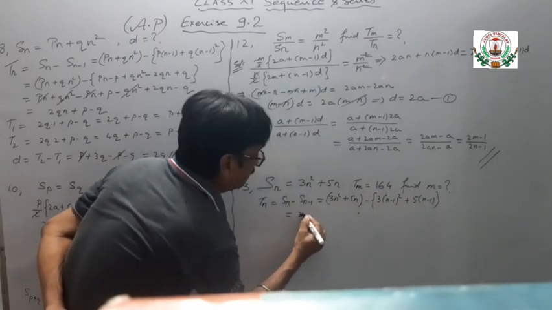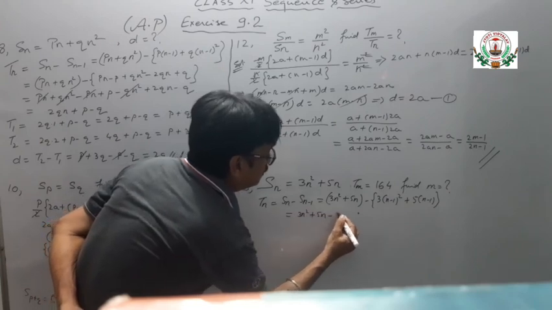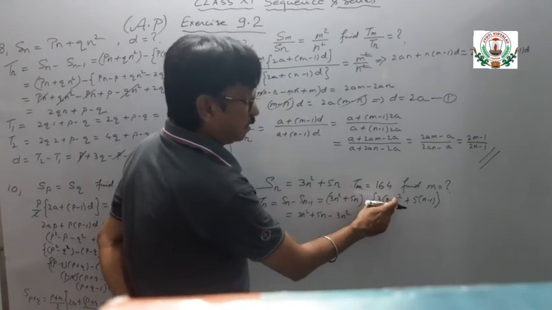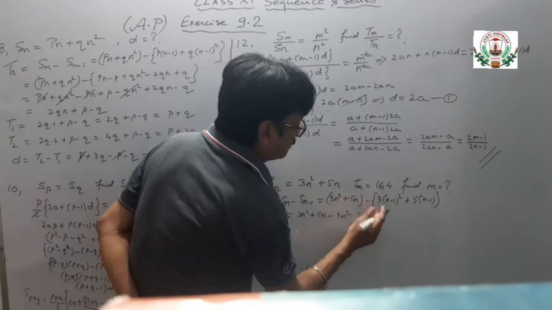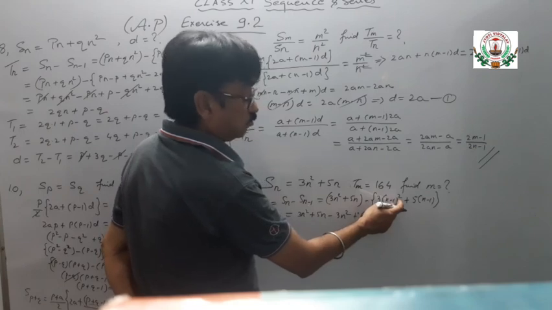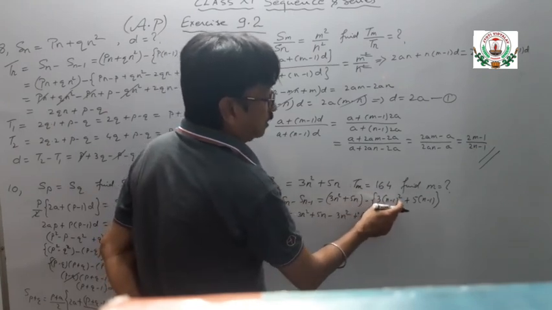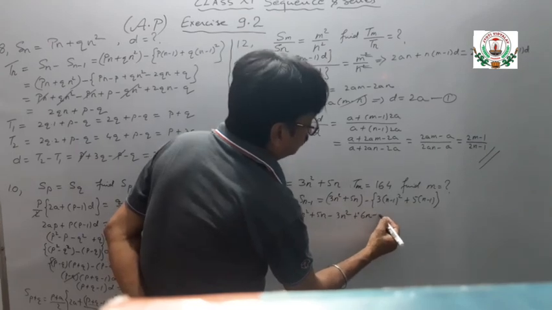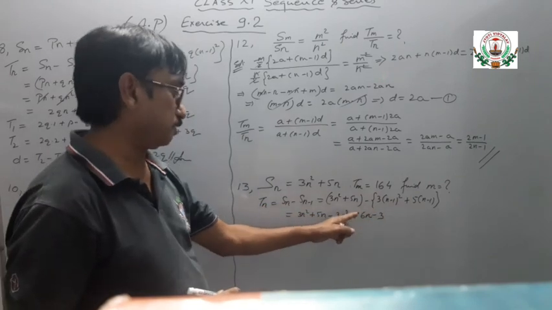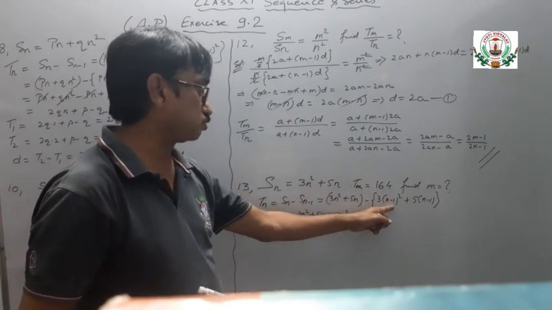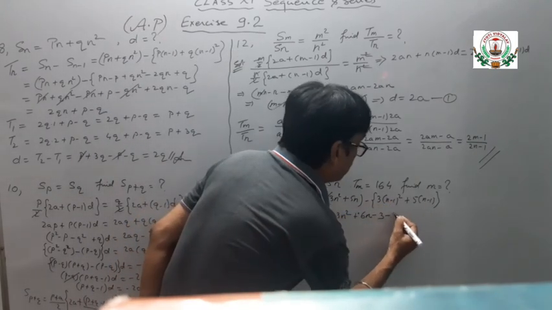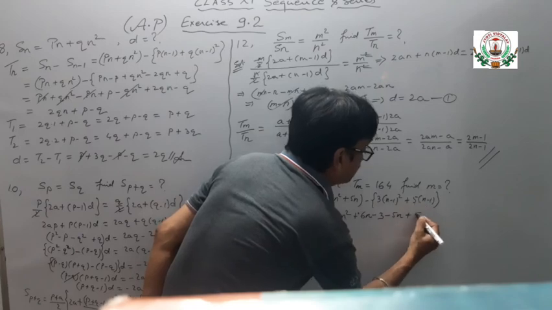What do we get? 3n square plus 5n minus 3n square, and minus 6n will come here, since (a minus b) whole square expands, but here in front there is a minus, therefore the sign becomes plus 6n. Then minus 3 comes from b square, but here it is plus 3, and with the minus in front it becomes minus 3. That is a square minus 2ab plus b square. But a square becomes negative, minus 2ab becomes positive, plus b square becomes negative, and this becomes minus 5n and minus 5 will become plus 5.